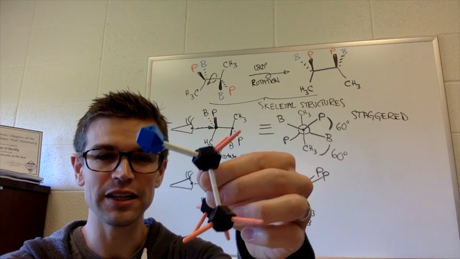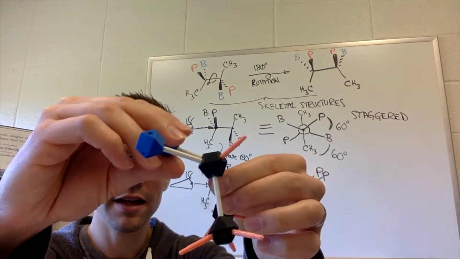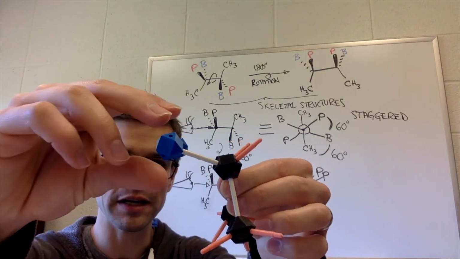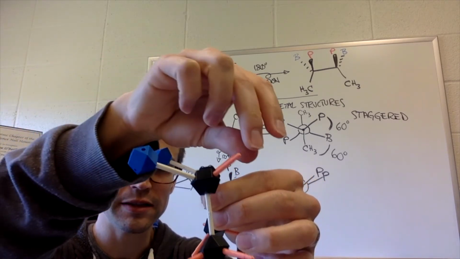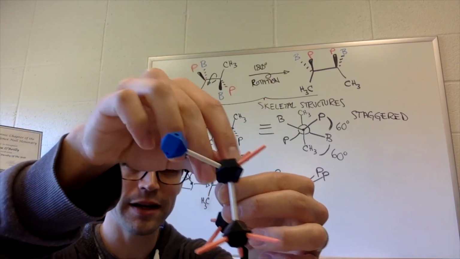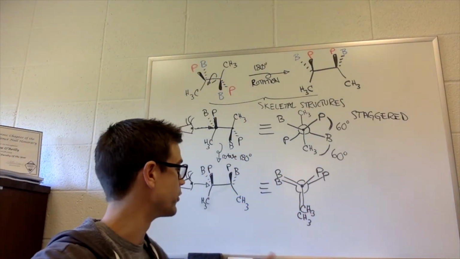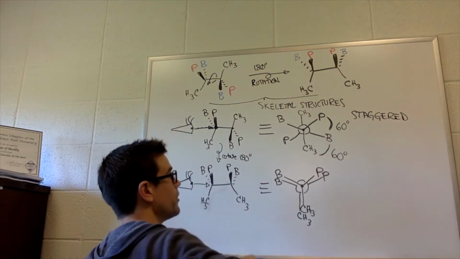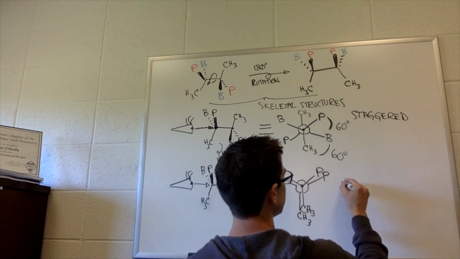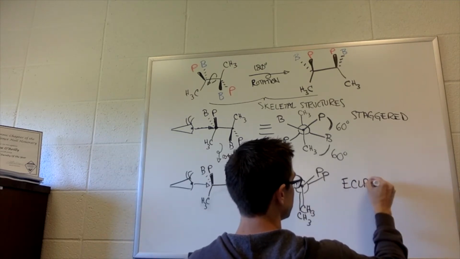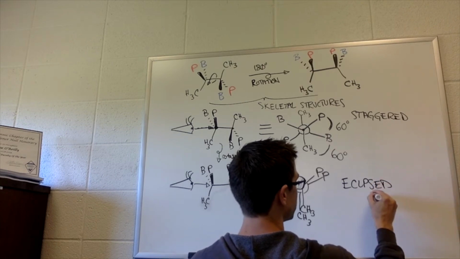But we call this the eclipsed conformation because this blue ball is being eclipsed by this blue ball. This pink is being eclipsed by this pink, and this CH3 group is being eclipsed by this CH3 group. So because of that, we call this the eclipsed conformation.